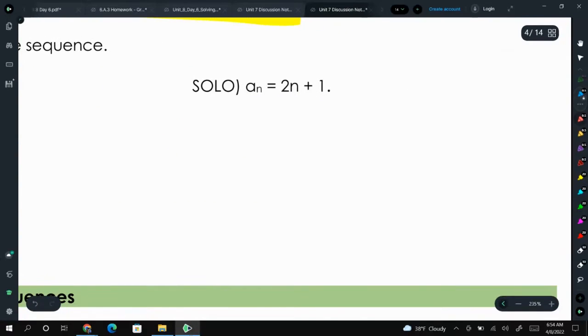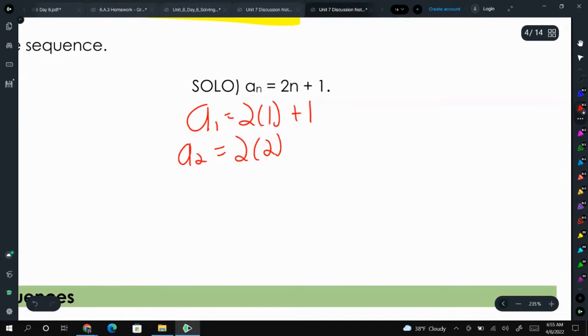Over here, we're doing the same thing, same directions, but this is just in sequence notation. a sub 2, a sub 3, a sub 4.